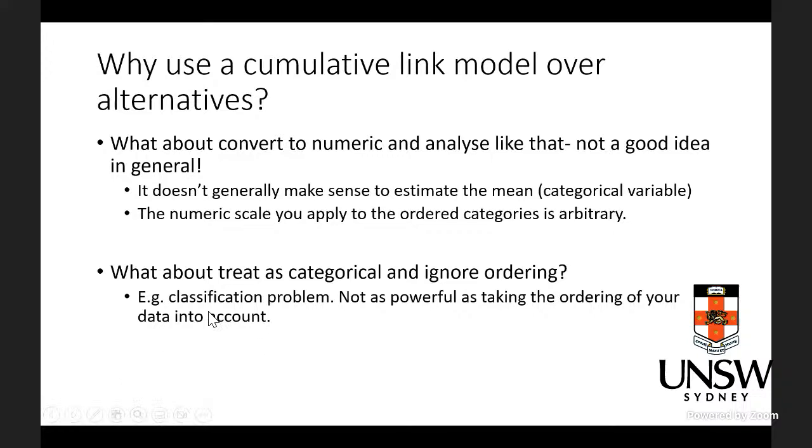This is generally just not as powerful as taking the ordering of your data into account. By not as powerful, I mean that you're more likely to make classification errors and get things more wrong than if you take the ordering into account.